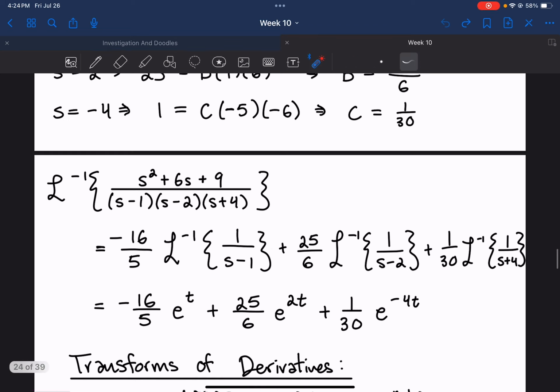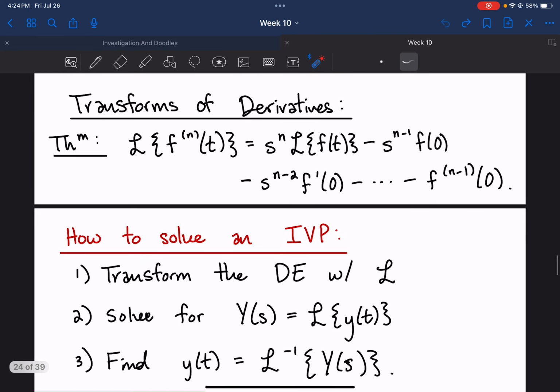Okay, transforms of derivatives. When you take the Laplace transform of f to the nth power, right, you have to know the value of the derivatives at 0, basically.